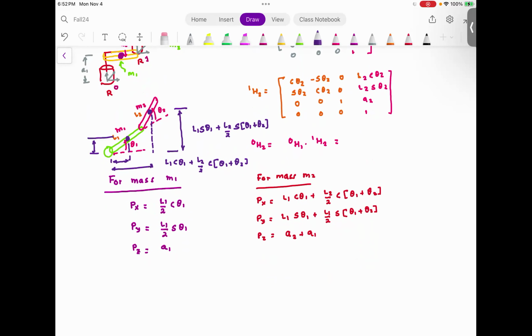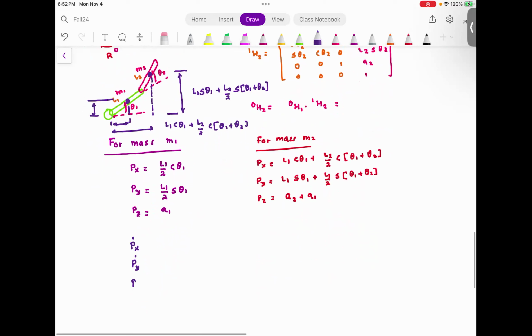You have the Px, Py, Pz. You can differentiate these and you can find out Px dot, Py dot, Pz dot. These are for masses M1.